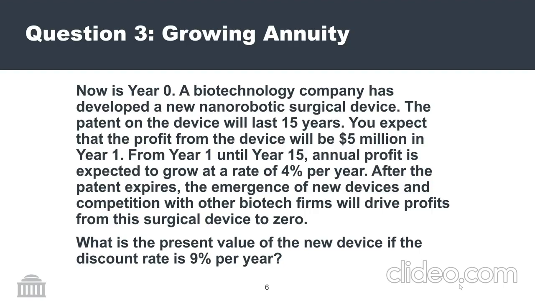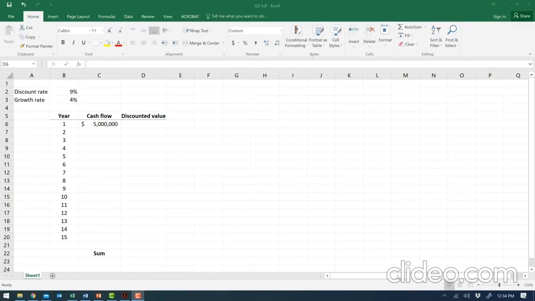After patent expires, the emergence of new devices and competition with other biotech firms will drive profits from the surgical device to 0. The question asks us, what is the present value of the new device if the discount rate is 9% per year? Let's first use brute force to find the present value of profits generated by this device.